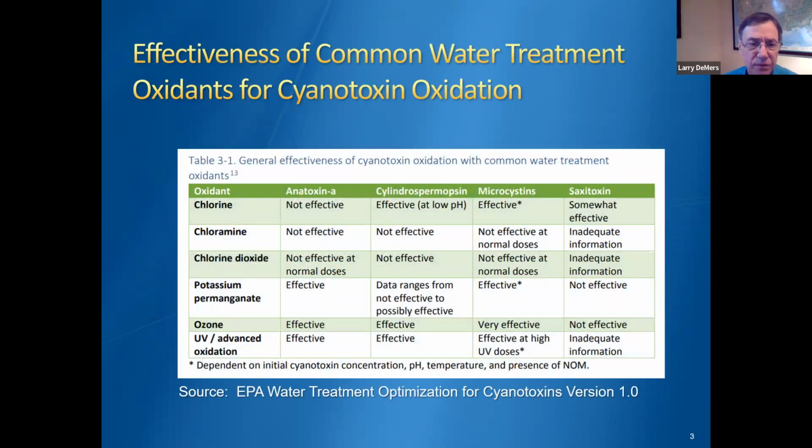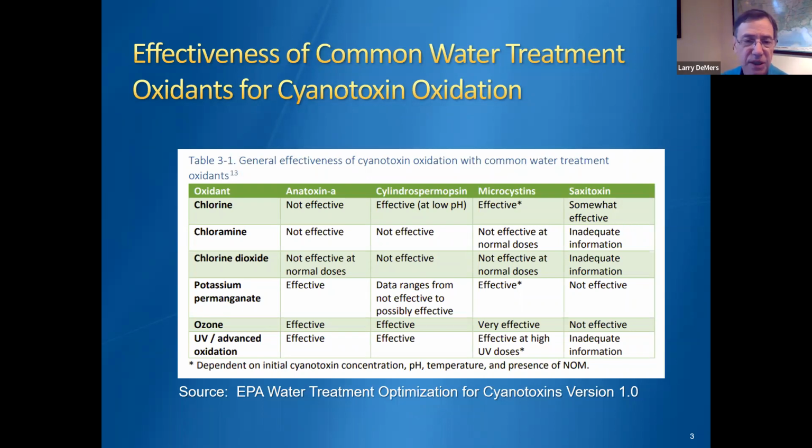This table here is a summary of the effectiveness of common water treatment oxidants for cyanotoxin oxidation. And this is pulled out of a document that Tom Waters authored with EPA. It is included as a reference document in our training materials.